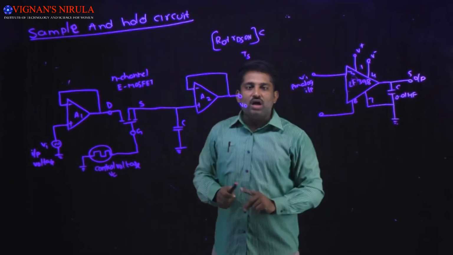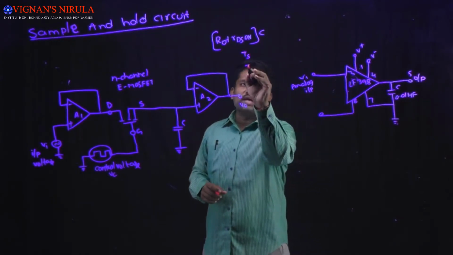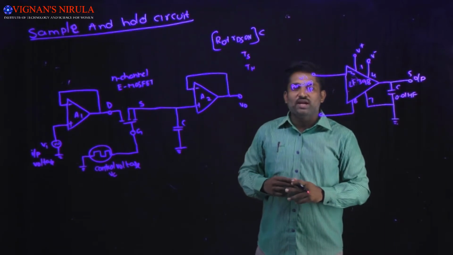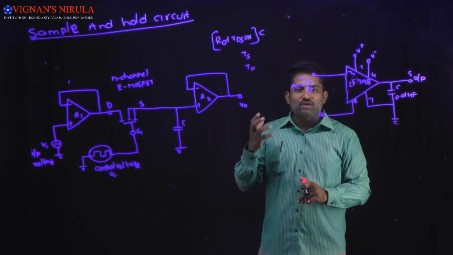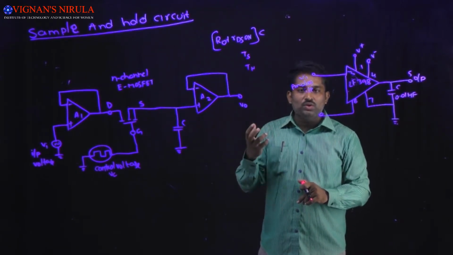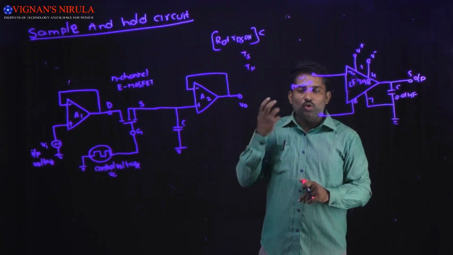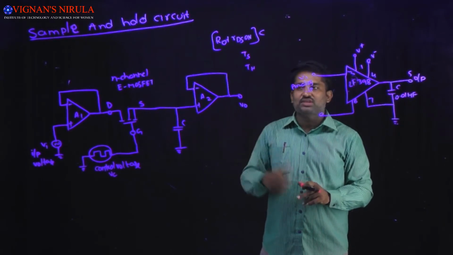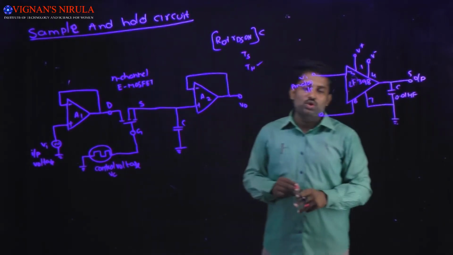Similarly, we can express the hold time TH. The hold time is defined as the amount of time for which the constant voltage across the capacitor is held, called the holding time.